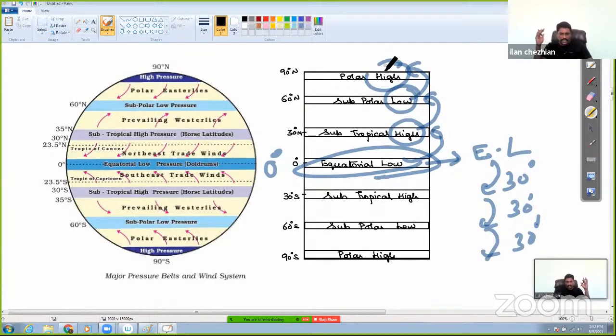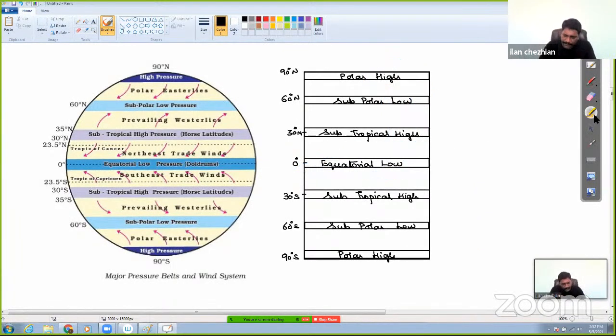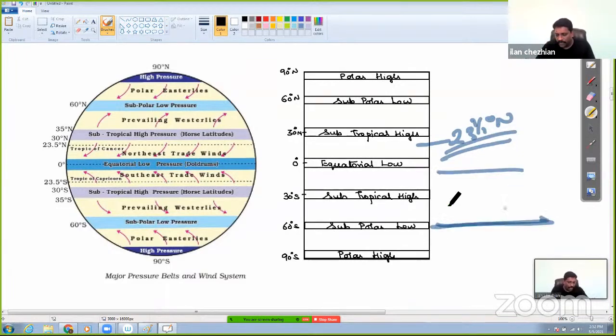And how to remember the names? Very simple. The 23.5° line is the Tropic of Cancer. Tropic of Cancer to Tropic of Capricorn, very popularly, we call tropical.